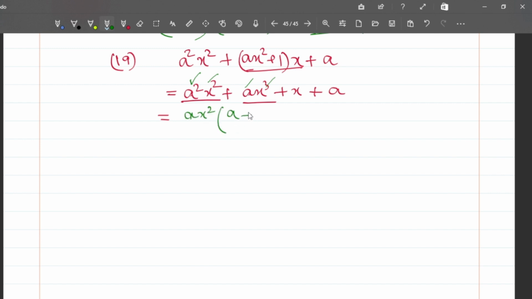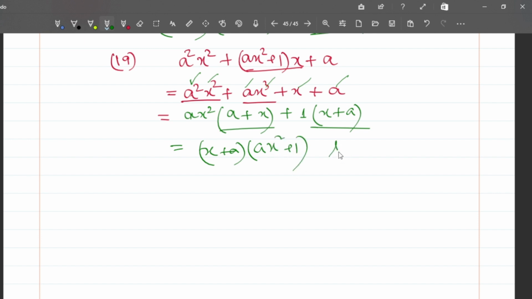So we get a plus x. From the third and fourth there is no common factor, so we take 1 as a common factor. So these two terms are the same, so take common and finally get the result.